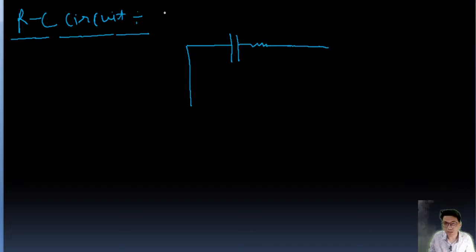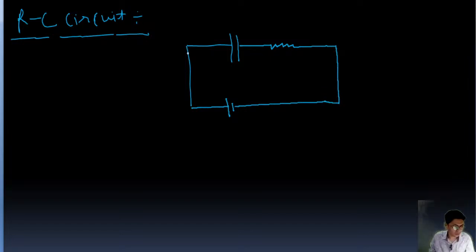This is the RC circuit I'm drawing. This is the capacitor, this is the resistance, and this is plus Q and this is minus Q. Okay, plus Q and minus Q, and this is the voltage, plus and minus.